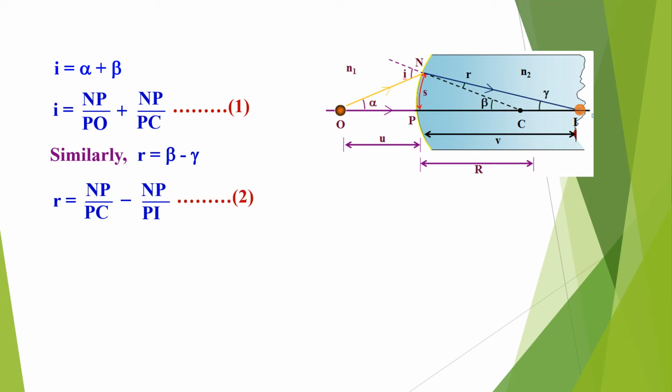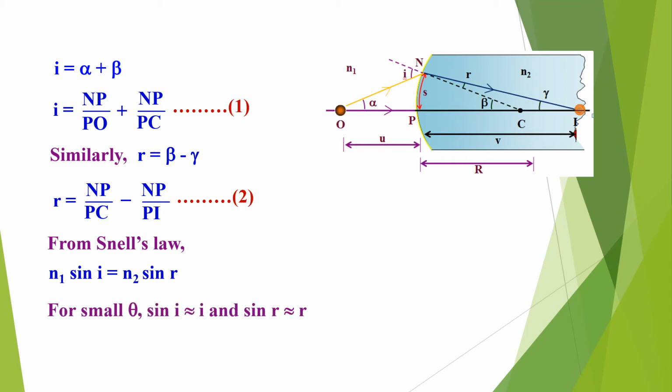This is equation 2. So we got the angle of incidence and the angle of refraction in equations 1 and 2 respectively. From Snell's law, n1 sin i = n2 sin r. For small angles, as I told, sin of the angle is also equal to the angle, so sin i is nearly equal to i and sin r is nearly equal to r. Therefore, n1 i = n2 r.